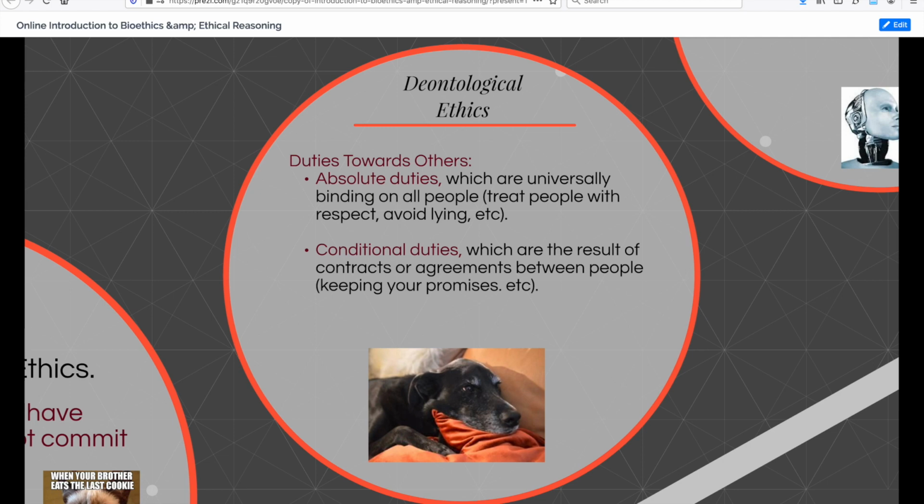Right? So people who hold a deontological view that focuses on conditional duties recognize or argue that contracts and promises should be respected. And we have an ethical duty to stick to our word, so to speak. If I promise my dog to take her for a walk, then I need to do so. Poor Tortuga, right?